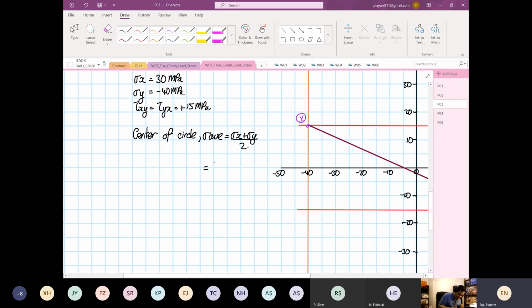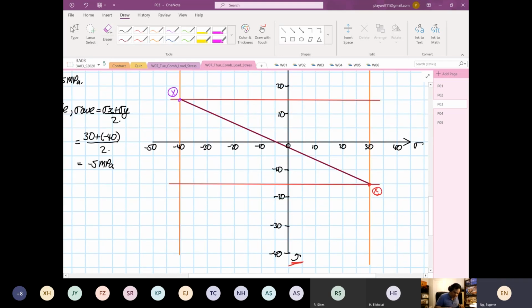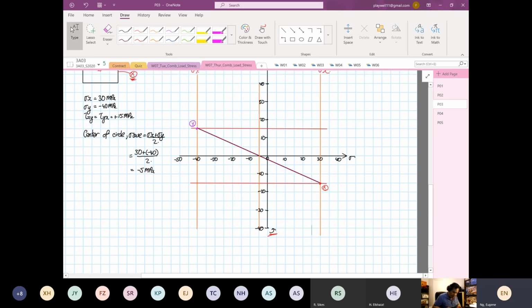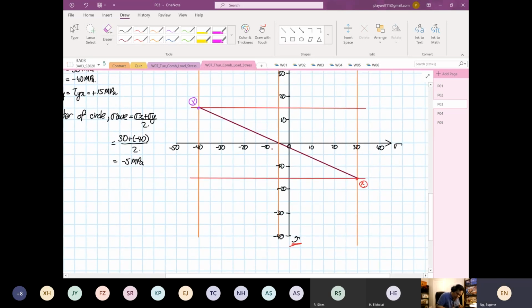Stress X is 30, plus minus 40. Remember I told you they are all vectors, yes or no? Divided by 2 is equal to minus 5 megapascal. Like what you see over here, it exactly intersects the line at the 5 mega. So this is where your average stress is. You can label this as point O.